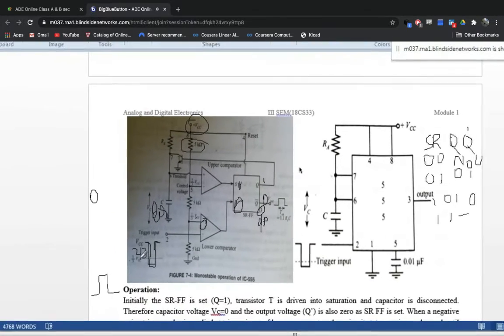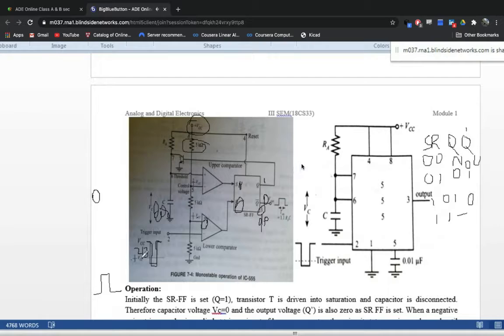We have understood the initial setup, so our output is 0. When this trigger is applied, it starts from VCC, and at some point it falls below 2/3 VCC, so here R becomes 0. What happens when RS is equal to 0? No change. The circuit remains in the same state: the transistor is on and the output is 0.